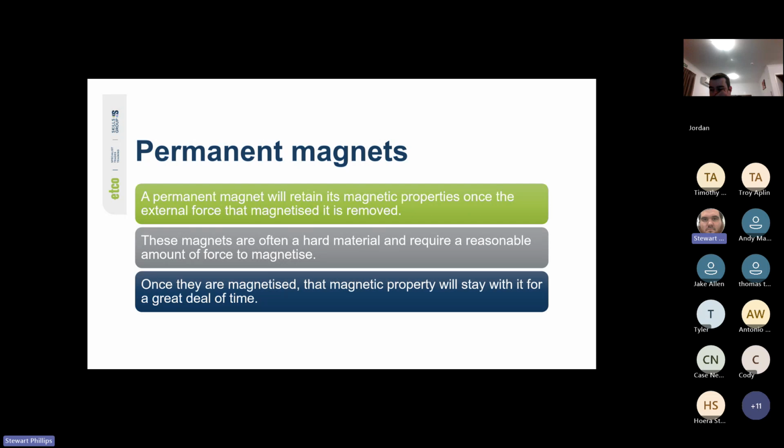Can someone give me an example of a metal that is non-ferrous?